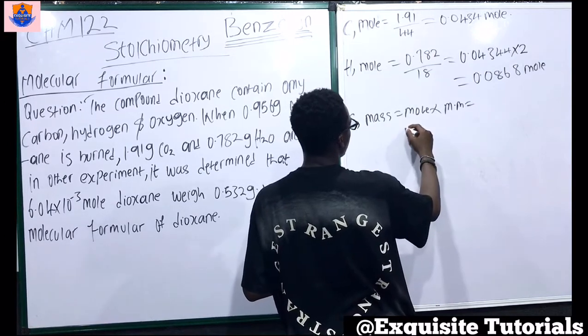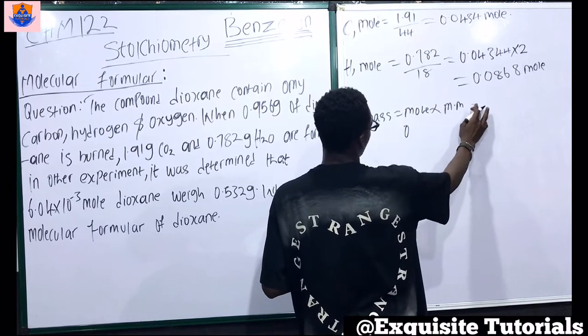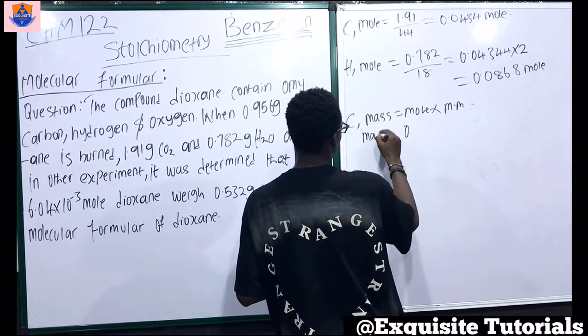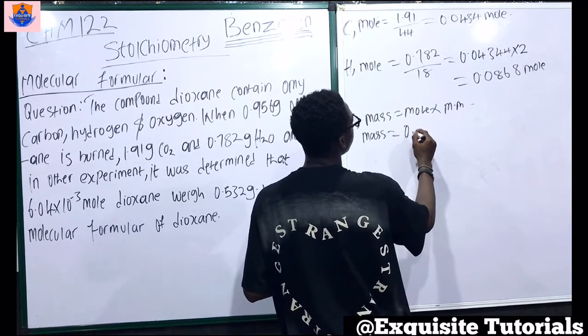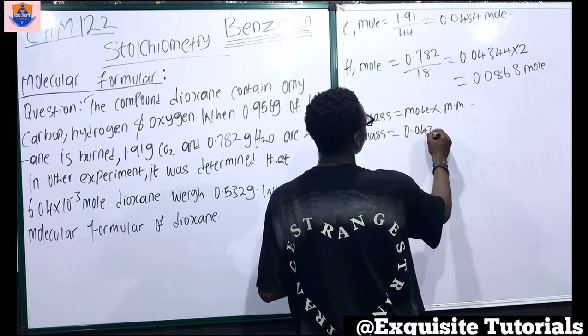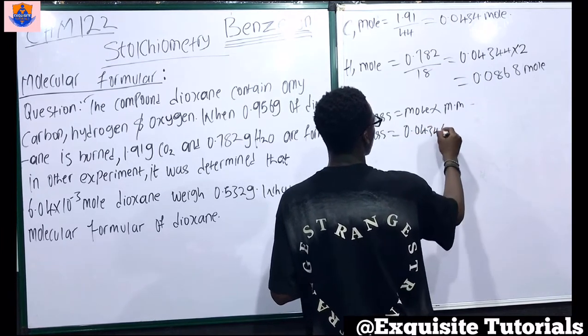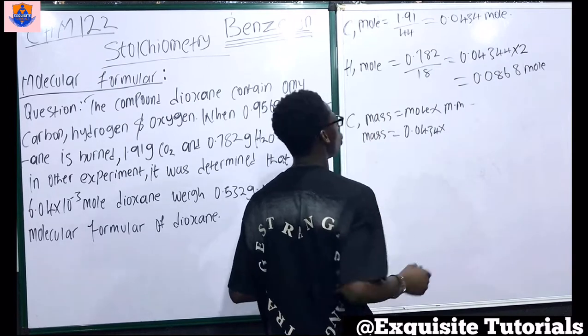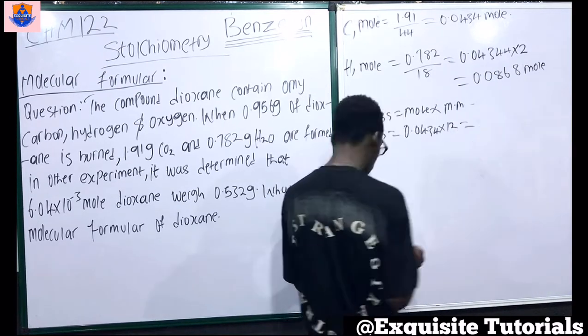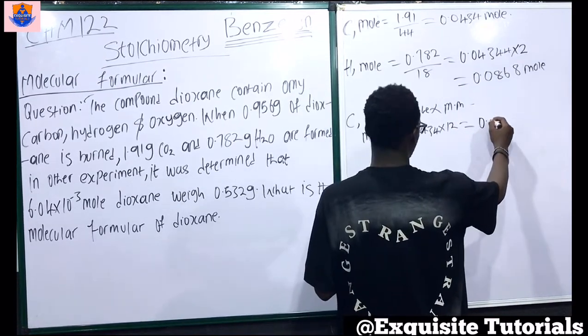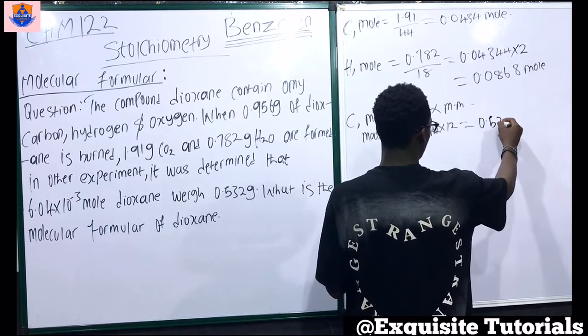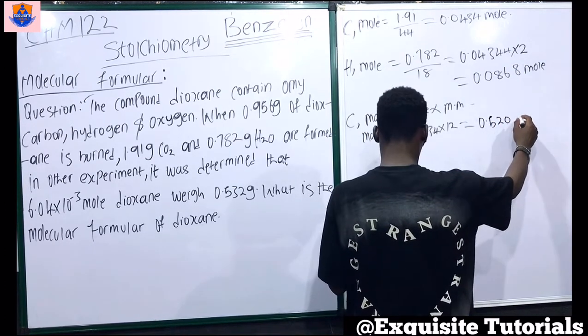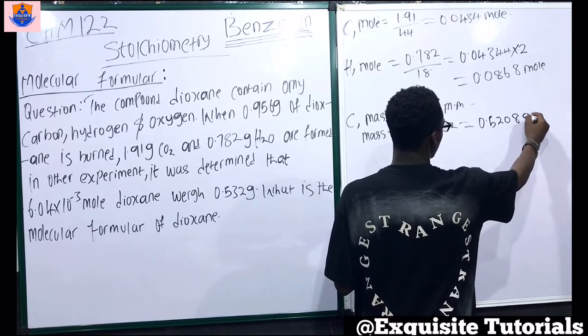We have 0.0434 times carbon's 12. All right, we have here 0.5208 gram.